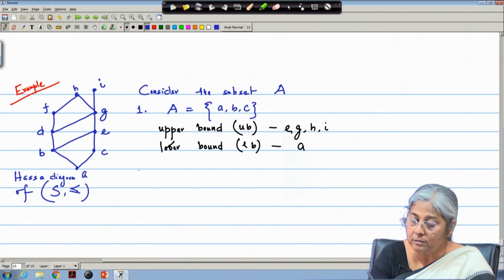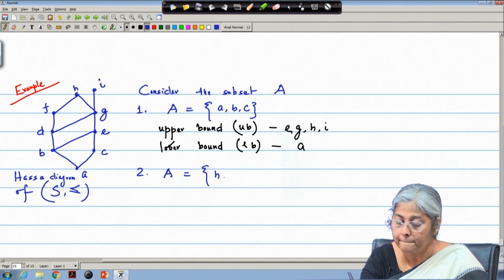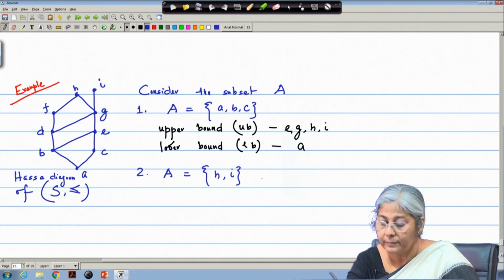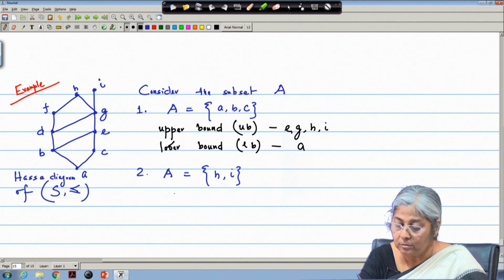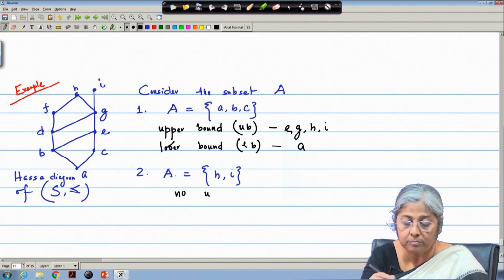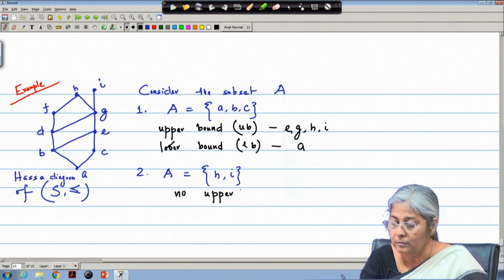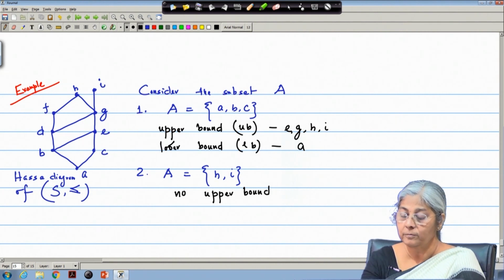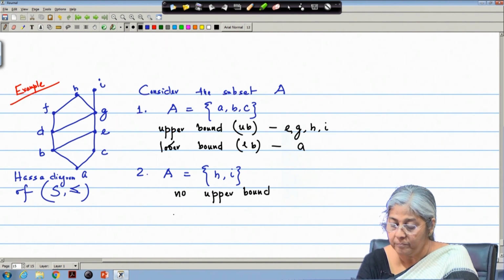Similarly, if I consider the subset as {H, I}, then we see that there is no upper bound. That means we do not get any such element which satisfies the property.